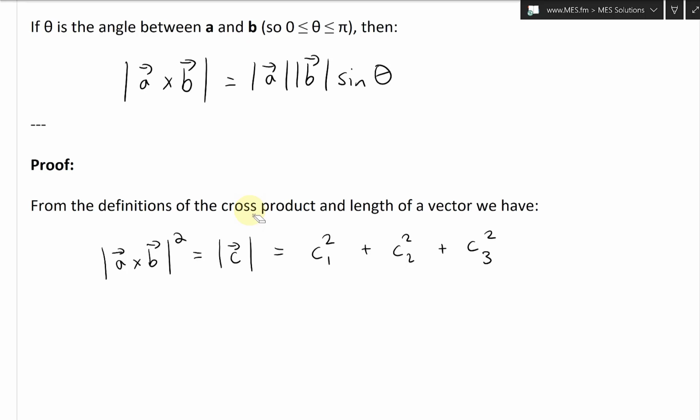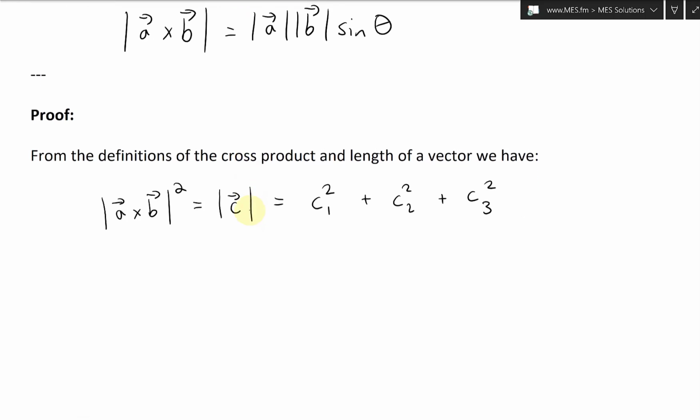But anyway, that's what we have there. And we know what these C1, C2, and C3 are. Those are just using the cross product. C1 is going to be A2 B3 minus A3 B2.